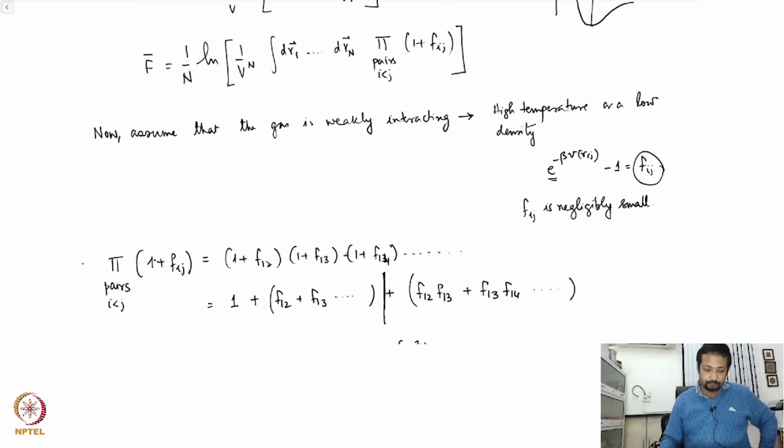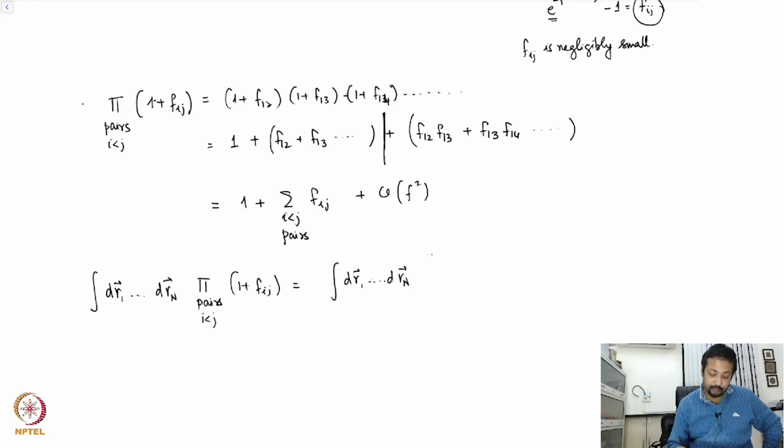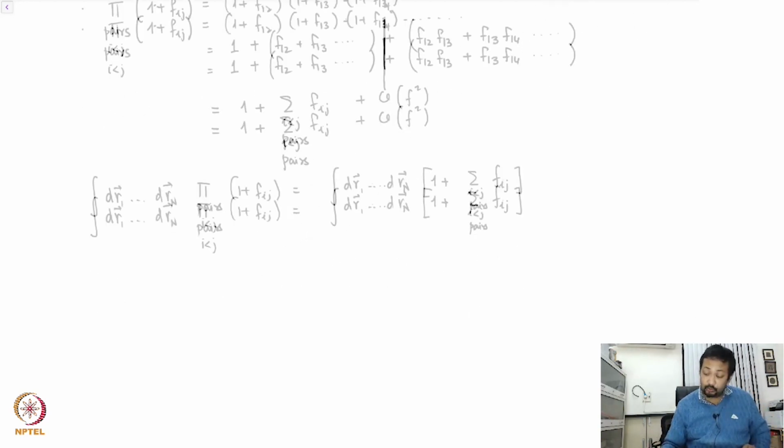Now let's look at the integral of this quantity: integral dr1 ... drn product over pairs with i less than j of 1 plus fij is going to be integral dr1 ... drn of 1 plus the sum over i less than j, all the pairs you are considering, of fij, plus something of higher order, which we ignore.